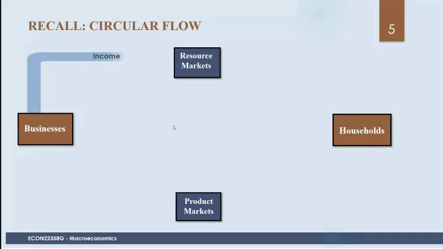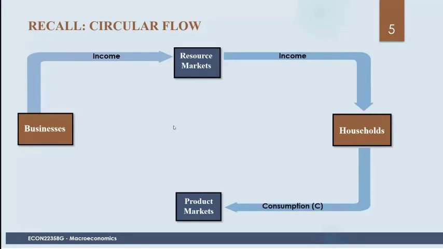And so in the resource market, there's a flow of income from businesses to households, right? There's money coming from businesses to households, and then income also flows from households to businesses in the form of consumption spending.